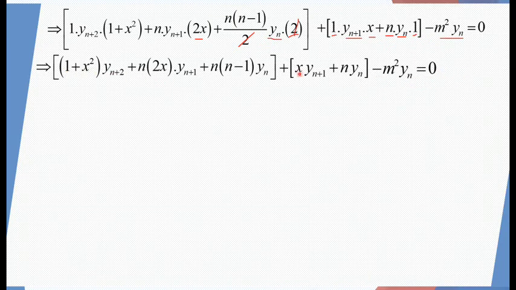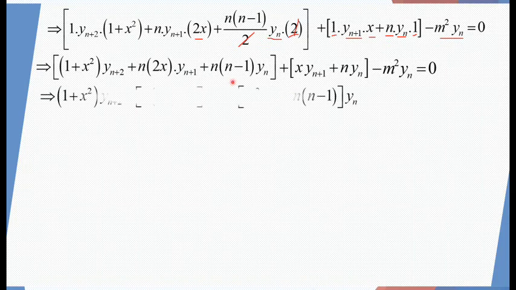Now combining the coefficients of y(n+2), y(n+1) and yn. So the y(n+2) is only this particular function. So we can write it as (1 plus x square) y(n+2), plus y(n+1) is there and there, so we can take it outside.